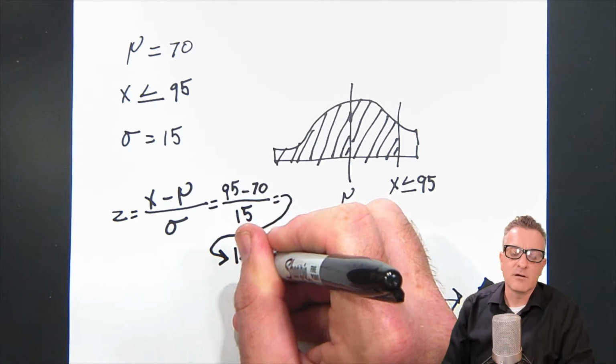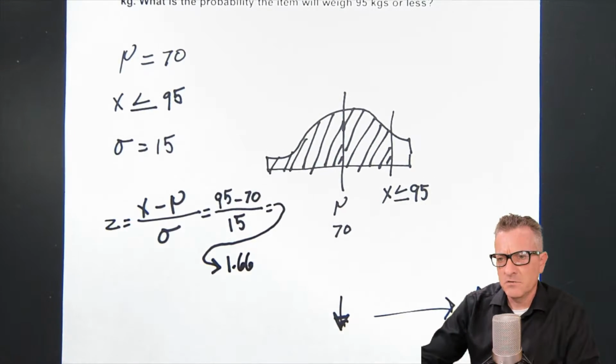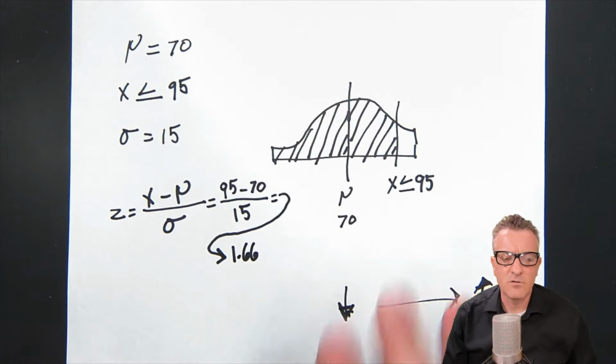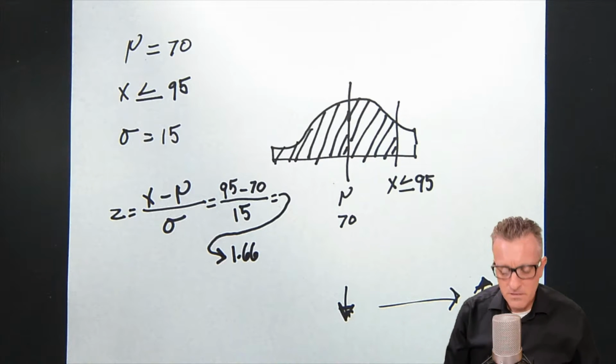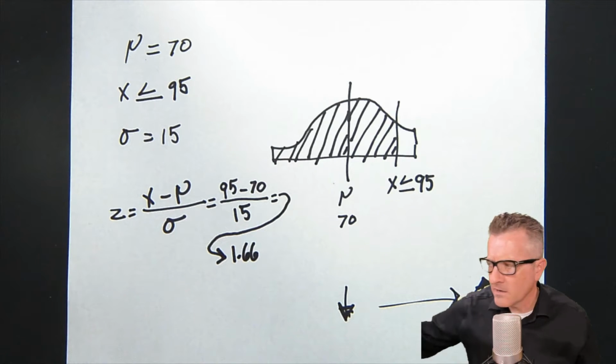So that is our z-score. That's our standardized number of standard deviations away from the mean, which is mu, which is fine. So now we're going to find our z-score on our table.